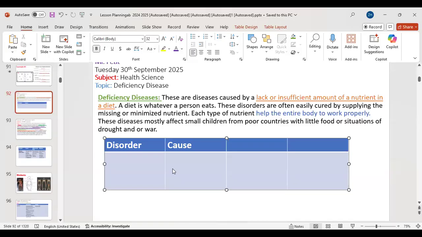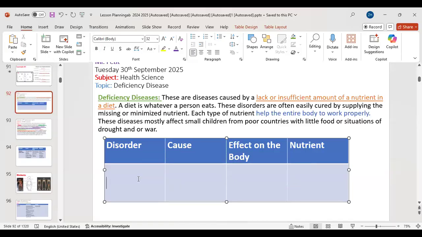First thing is we're going to talk about rickets. Rickets is the first deficiency disease that we're going to talk about. So write this down for me, please. Rickets is the first one. You have to draw the chart. I'm not just putting it there for fancy.